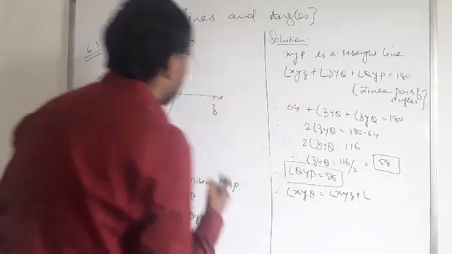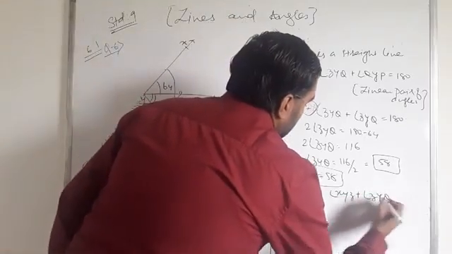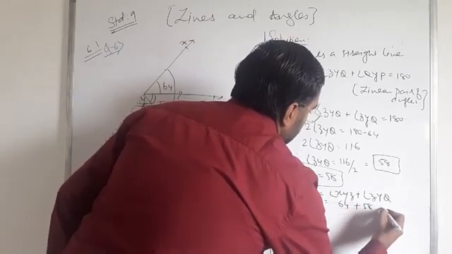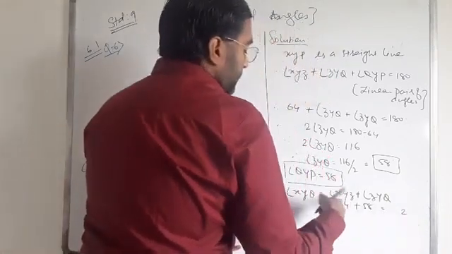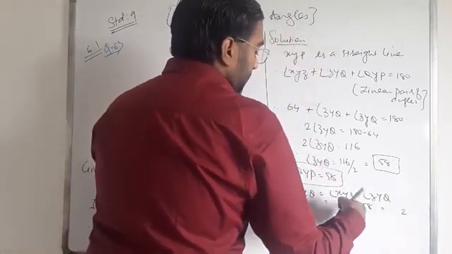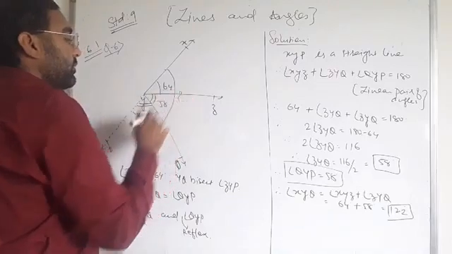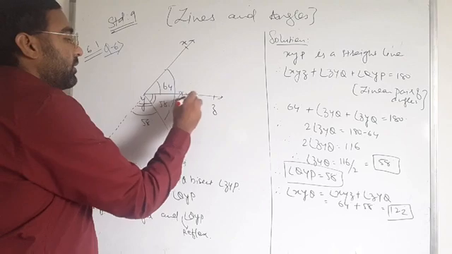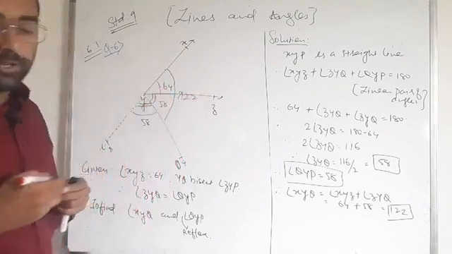Therefore 64 plus 58: 8 plus 4 is 12, 5 plus 1 is 6, plus 6 is 12, so 122 degrees. All this angle is equal to 122 degrees.